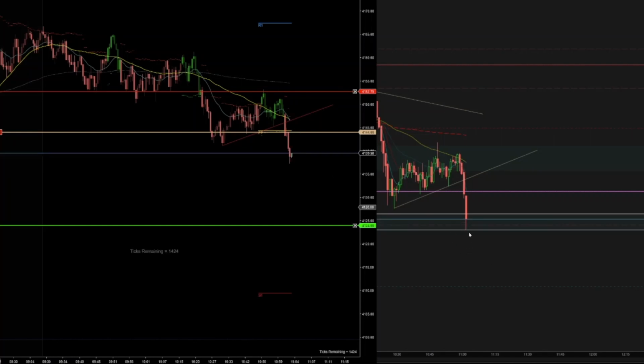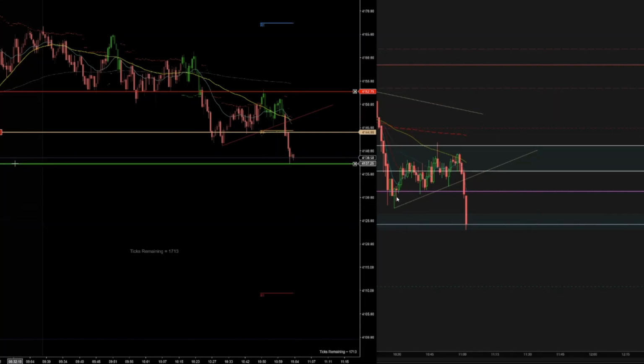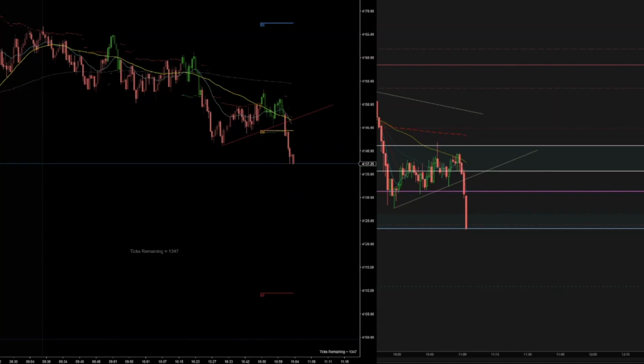So I was looking at it and seeing the wicks printing, and the 2000 tick already printed a wick underneath here, showing that there are some buyers willing to buy in this area. Then I decided to exit on that retest or pullback again to that level here.